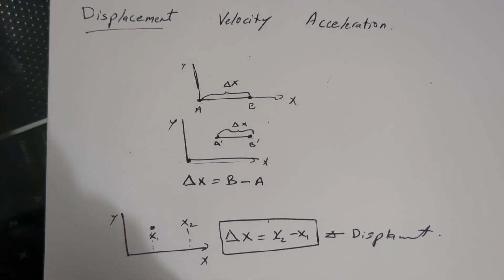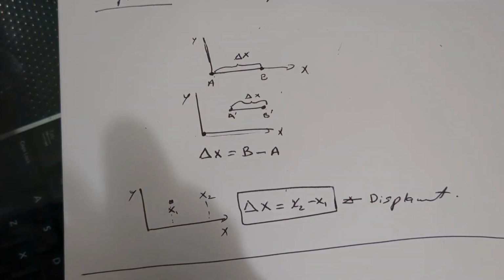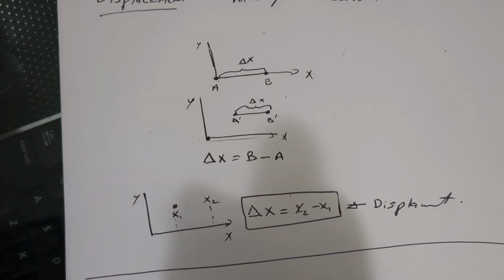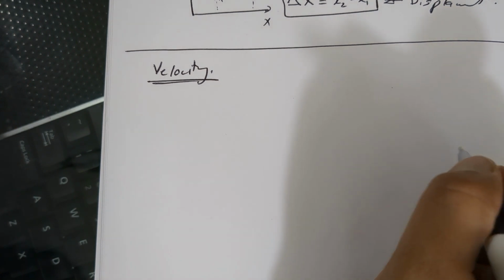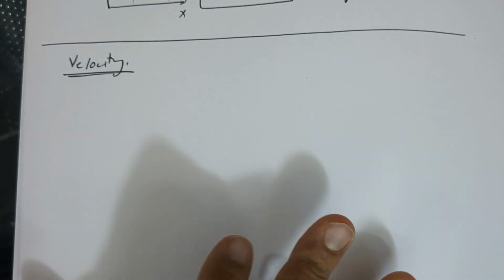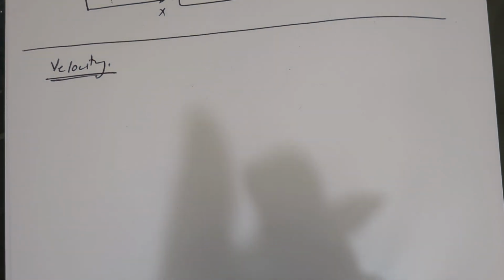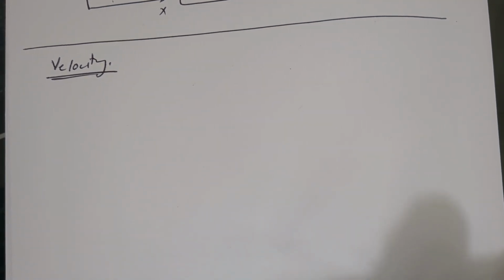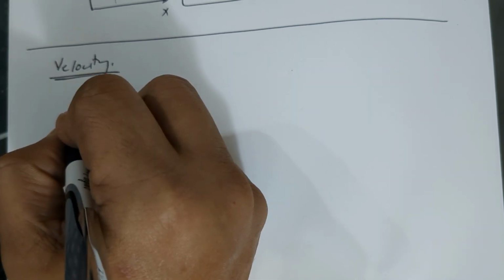So now that's displacement. Now what is velocity? Okay, so velocity, as we all know, is how fast someone is going, right? How fast something is traveling. That's what you call velocity. So velocity is represented as v.